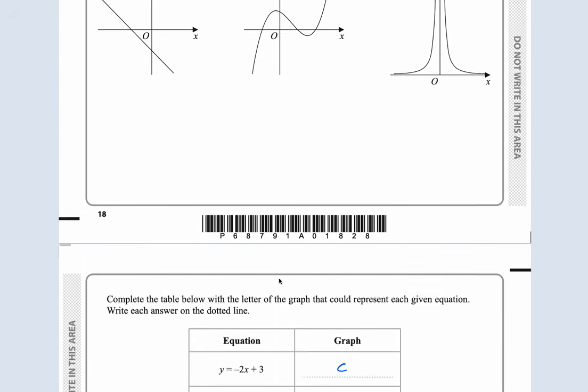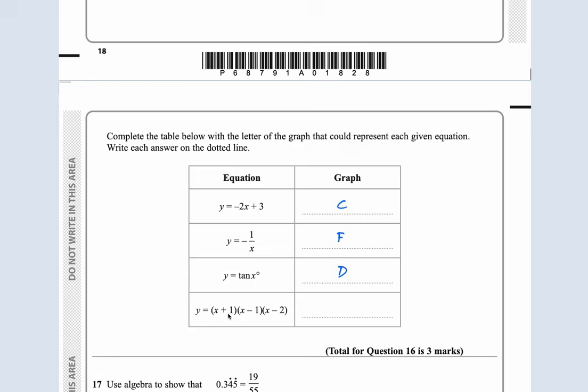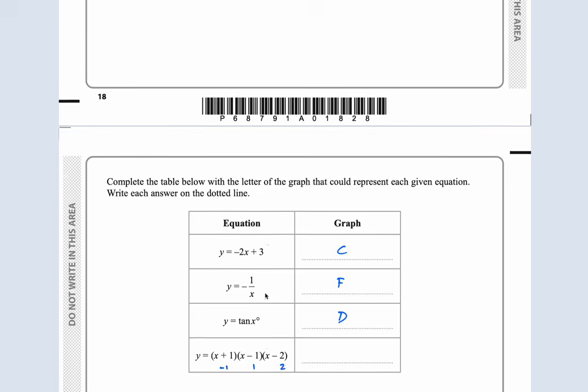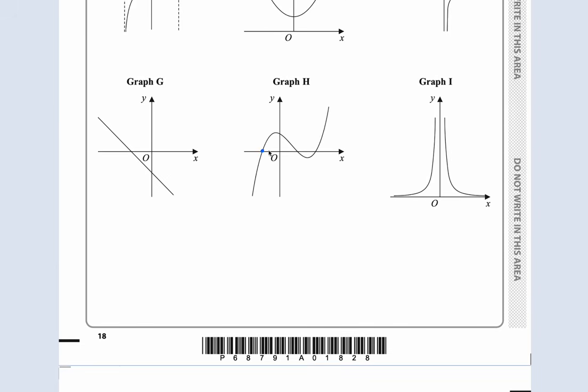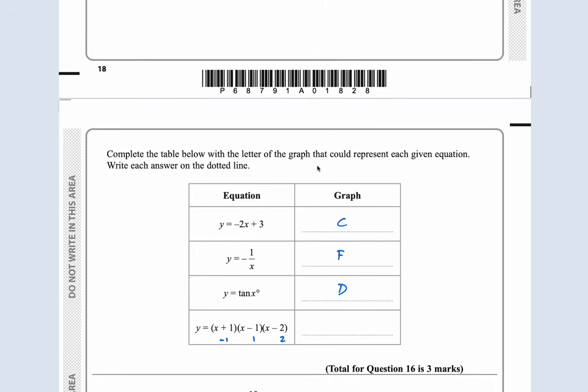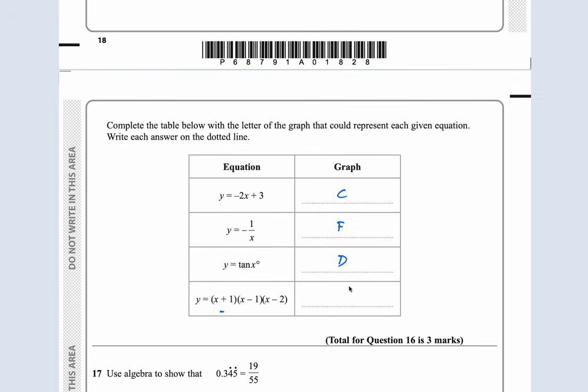But I just want to show you one more thing. This means that the roots are at minus 1, plus 1, and 2. Those are my 3 roots. And look, you'll see minus 1, plus 1, and 2. So H is the answer to this graph here.